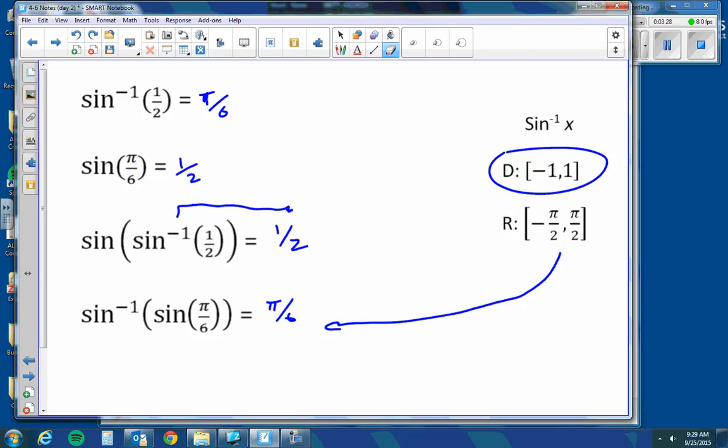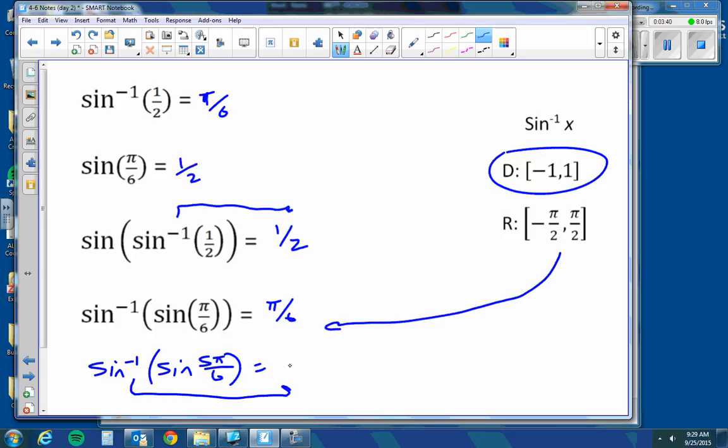What if I do something like this? Let's say I did inverse sine of sine of 5 pi over 6. Well, now the answer can't be 5 pi over 6, because that's more than pi over 2, and inverse sine can't produce an answer that big. Here, I'll do it real quick. 5 pi over 6 is in the second quadrant.